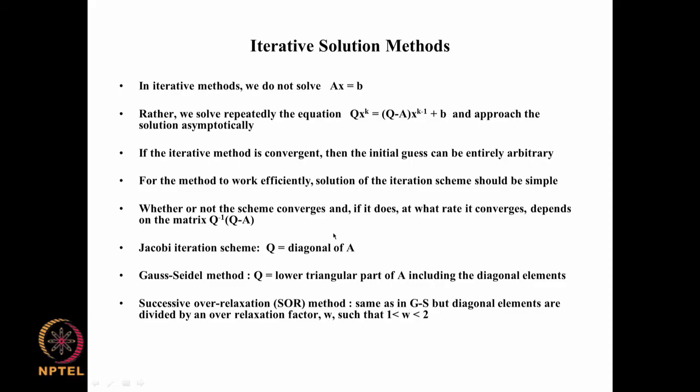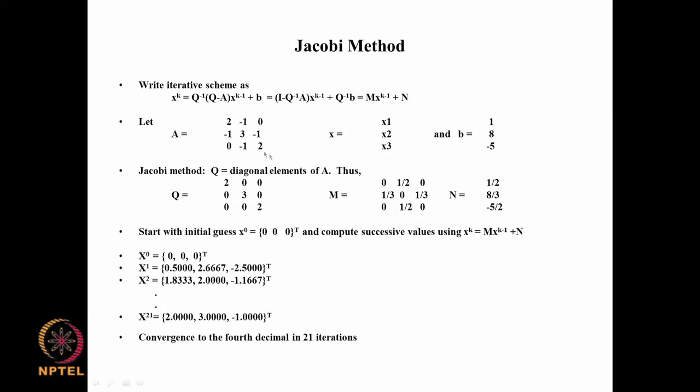Exactly how it works is something that we can see for a scheme like this. We are saying that x_k is equal to Q inverse of (Q minus A) times x_{k-1} plus b, or (I minus Q inverse A) times x_{k-1} plus Q inverse b, where I is the identity matrix.